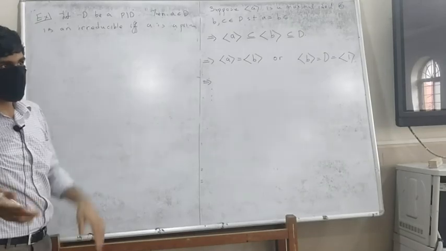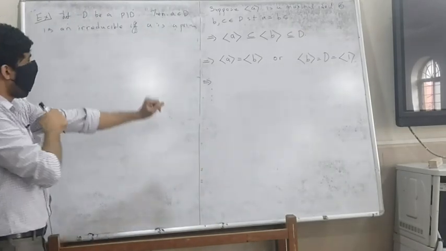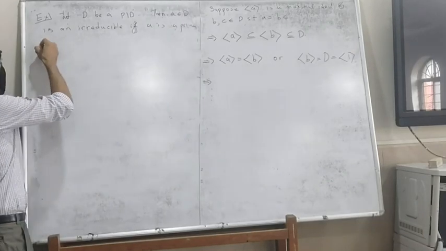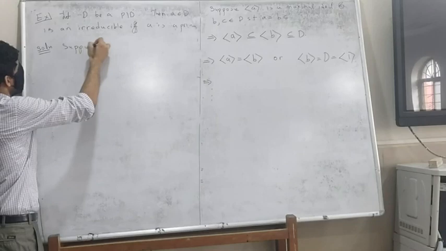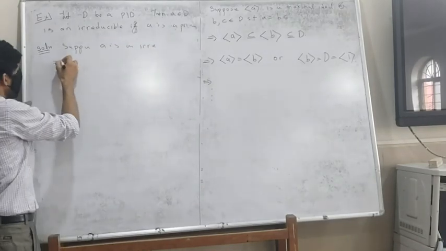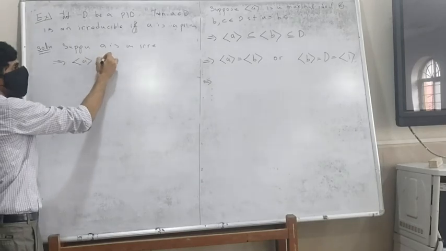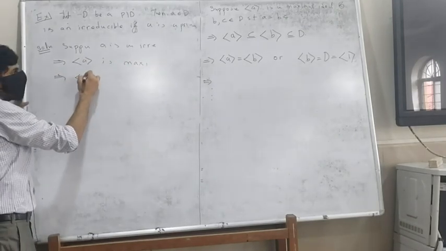One way we don't have to prove, we know that all primes are irreducibles in any case. So that we don't need to show. So suppose A is an irreducible. What does this mean? That the ideal generated by A is maximal. But every maximal ideal is a prime ideal.